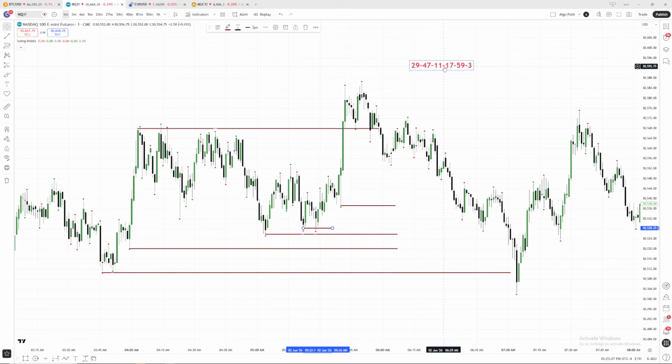And then 17 or 23 again forms in the resistance, which is the CE time. And then 59 is also here, 57, 58 also in the resistance in this rejection block. And then finally 3.